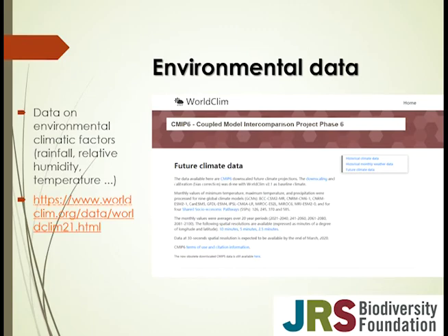Now on WorldClim, you have data about the future, and there are some models that achieve the probable evolution of climate under different scenarios. You have different models here, and I will give you an exercise to try to understand the difference between them.